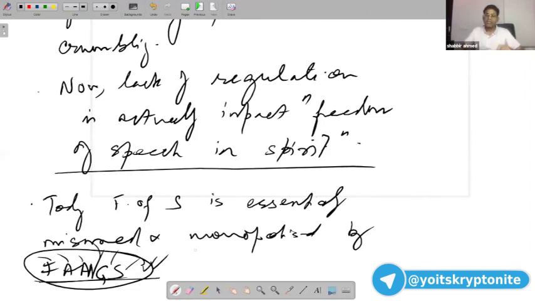That's what I say, that today freedom of speech is essentially misused and monopolized by FANGs, because of which the traditional notion of freedom of speech no longer exists.